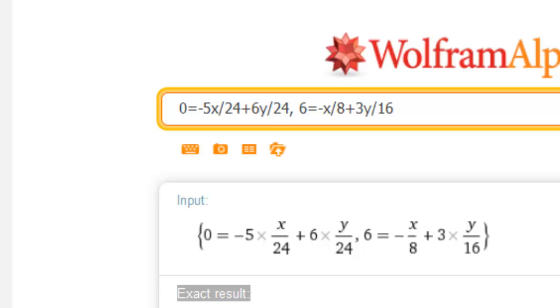For v1 I've put in X, and for v2 I've put Y. So v1 is X and v2 is Y. I put in two equations: 0 equals minus 5v1 divided by 24 plus 6v2 divided by 24, and the second one, 6 equals minus v1 divided by 8 plus 3v2 divided by 16.